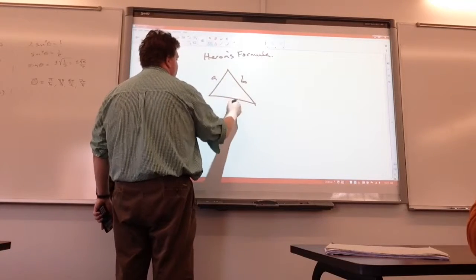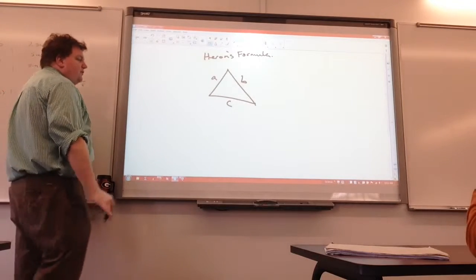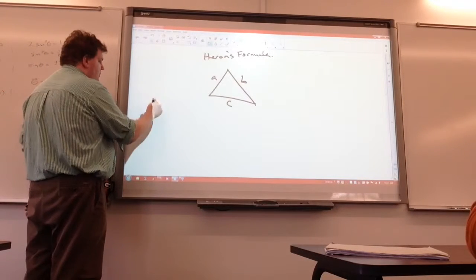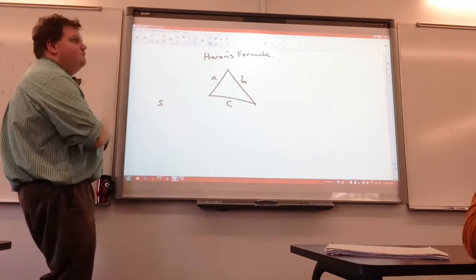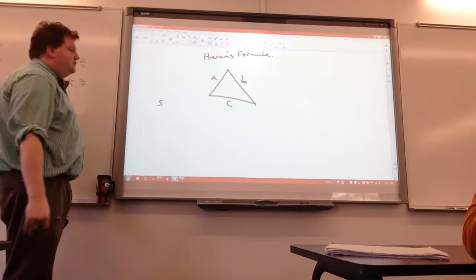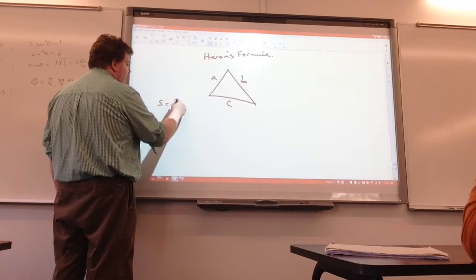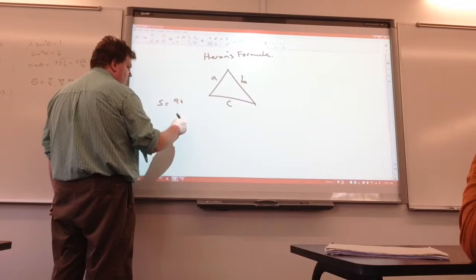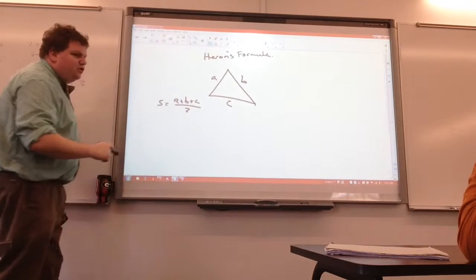A, B, C. What we can do first is establish a constant for the triangle called S. S is going to be equal to A plus B plus C, all divided by 2.